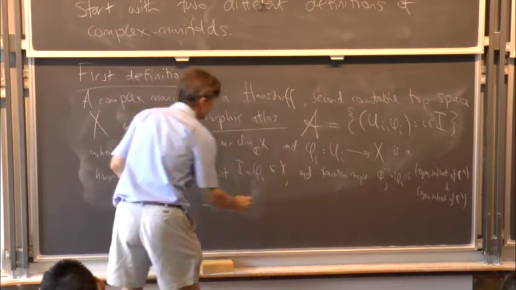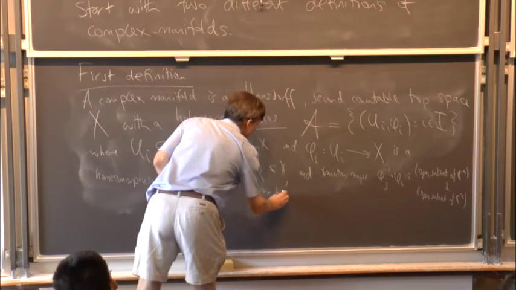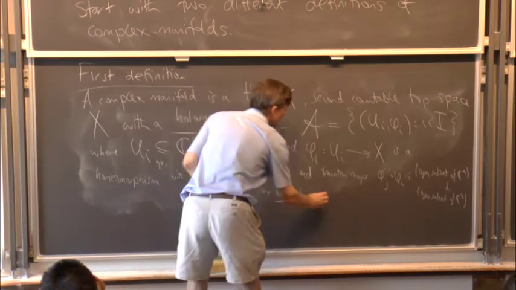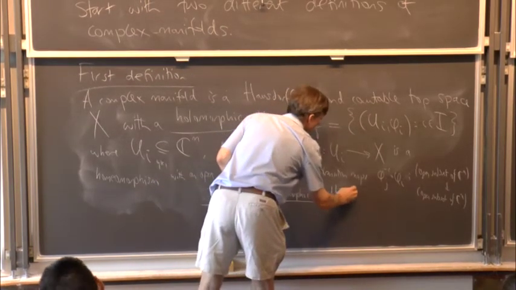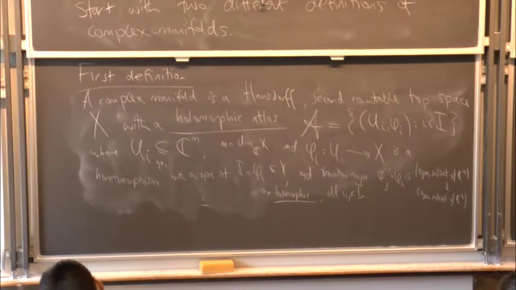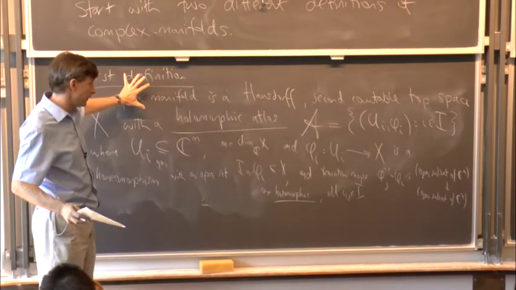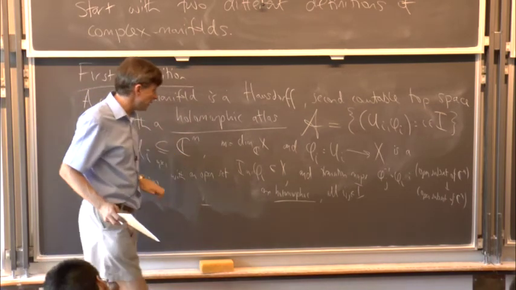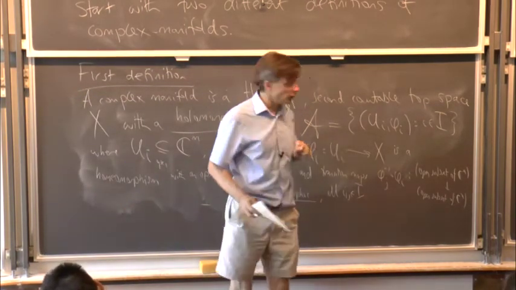These have to be holomorphic, for all i and j in the indexing set big I. So that's just the same as the definition of smooth manifold, but we have U_i's and C^m instead of R^n, and we have holomorphic maps instead of smooth maps.